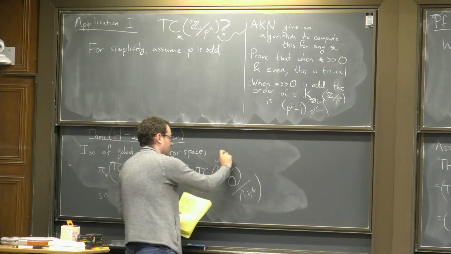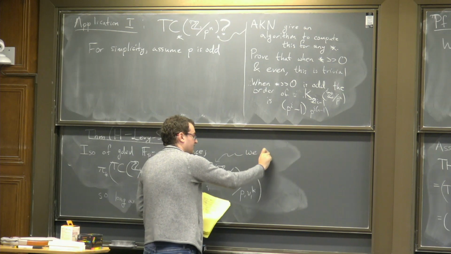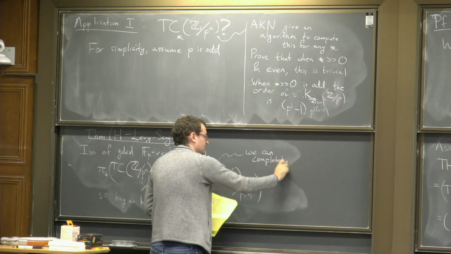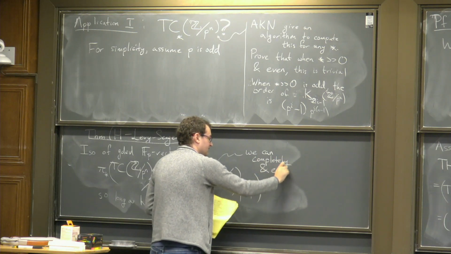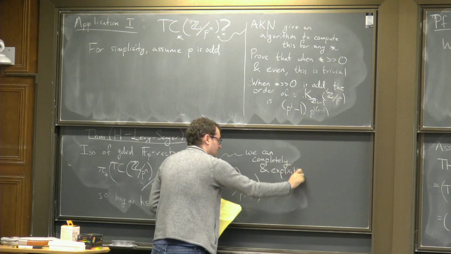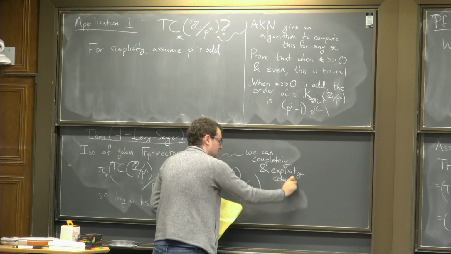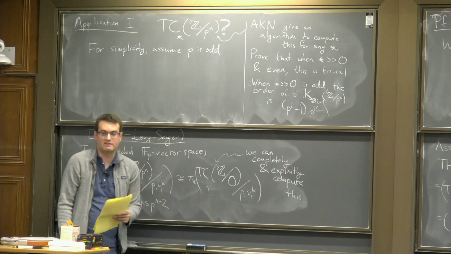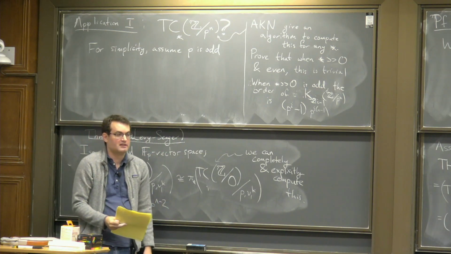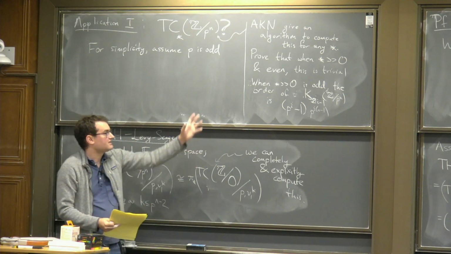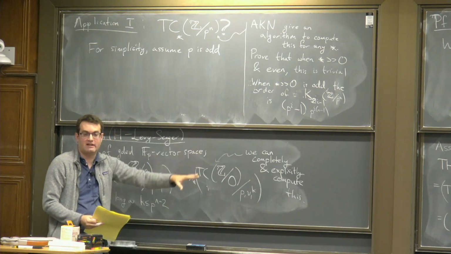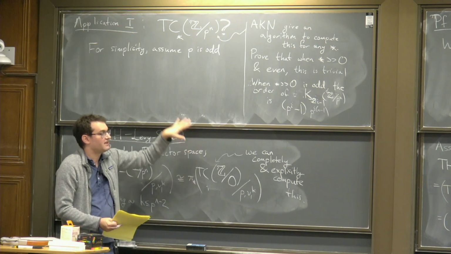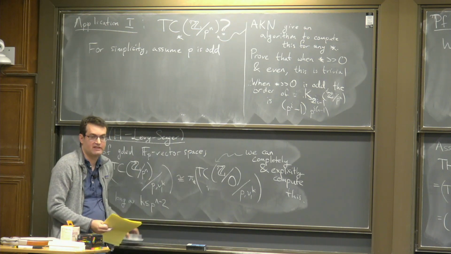So we can completely and explicitly compute this. We can just write down a vector space basis for this. That gives, in contrast to these results, a complete computation, a closed form. But instead of getting integral groups, we're getting groups mod p v1 to the k.